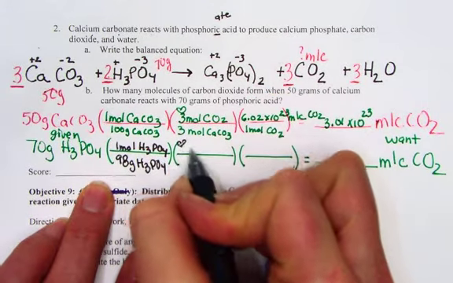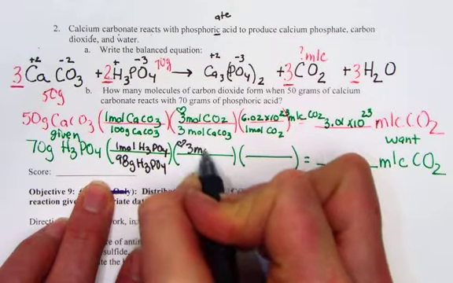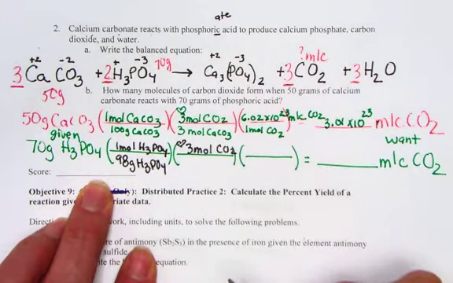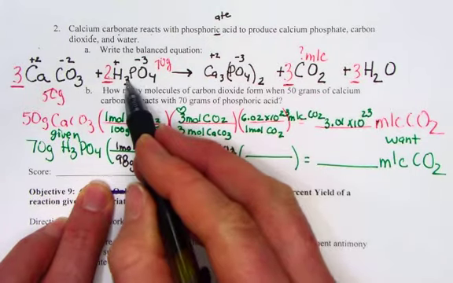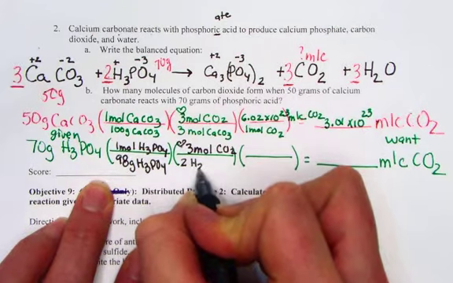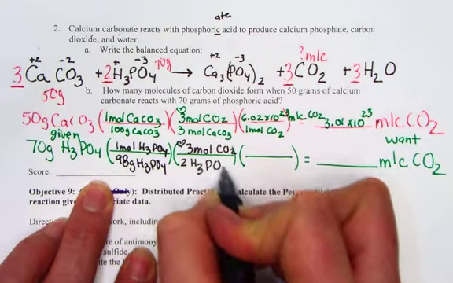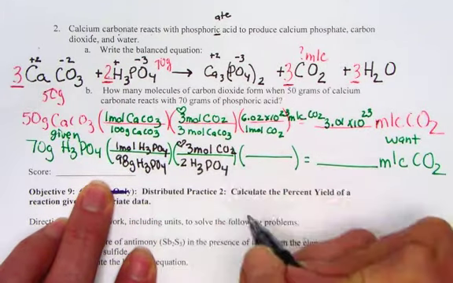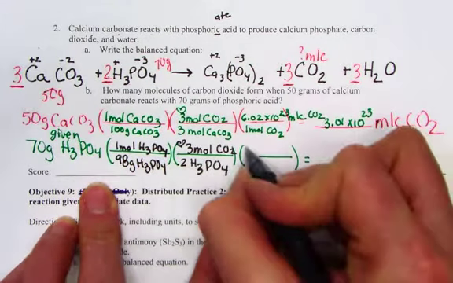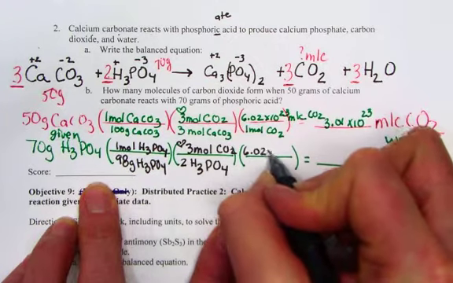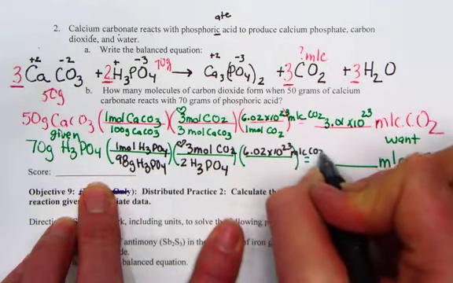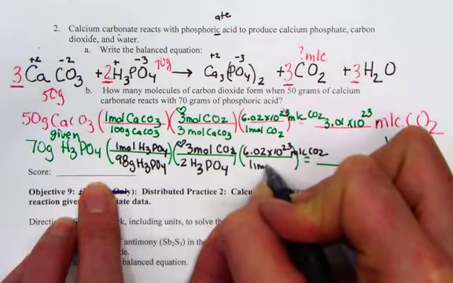In the heart of the problem, we want the carbon dioxide. Its coefficient of 3 gets placed on the top. Given the number of moles of phosphoric acid, its coefficient of 2 gets placed on the bottom. 3/2 is our ratio. Again, the same target is molecules. We place Avogadro on the top for every 1 mole on the bottom.